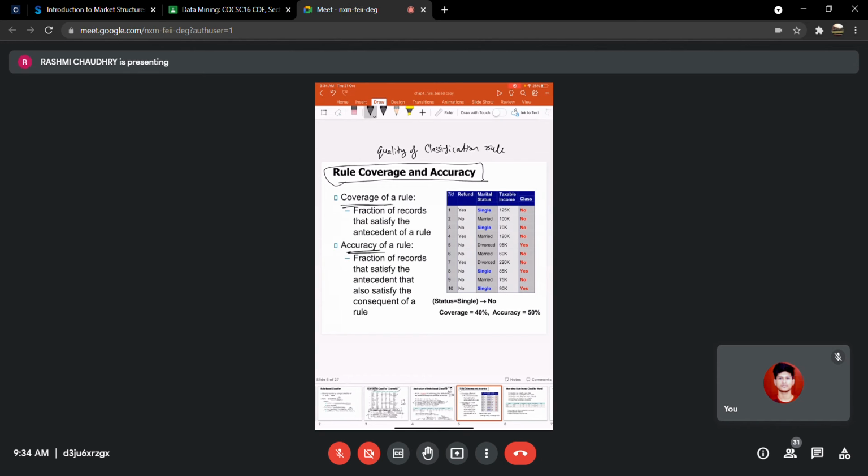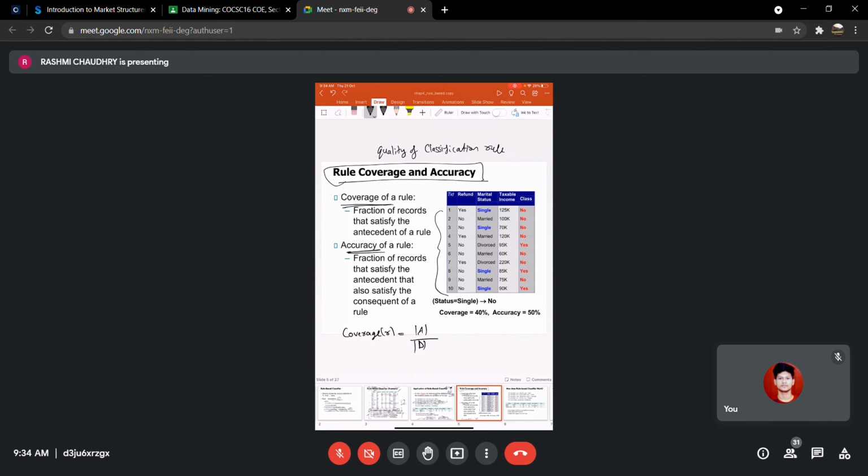So what is coverage of a rule? Fraction of records which satisfy the antecedent of a rule. Out of all the records, how many? This will be done for each and every rule.